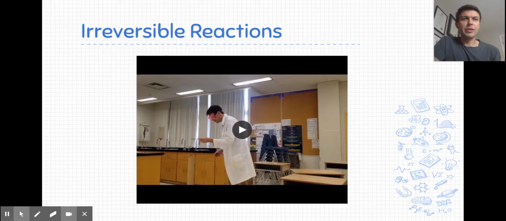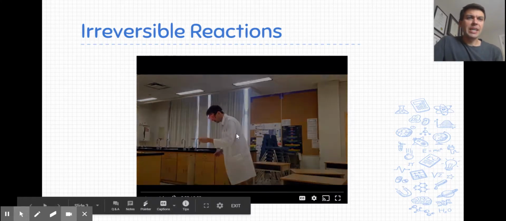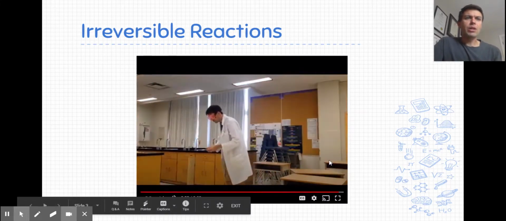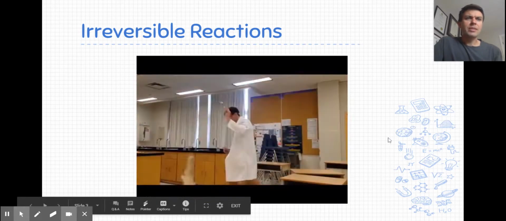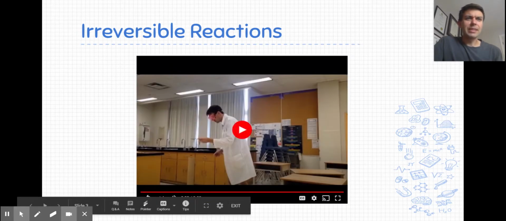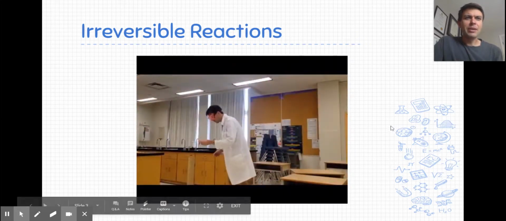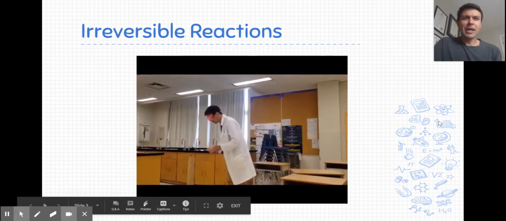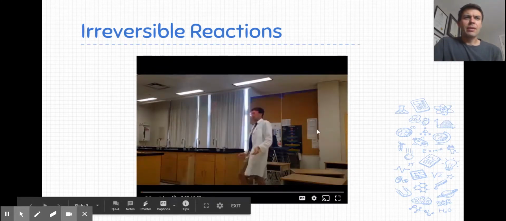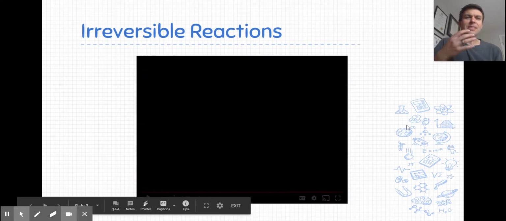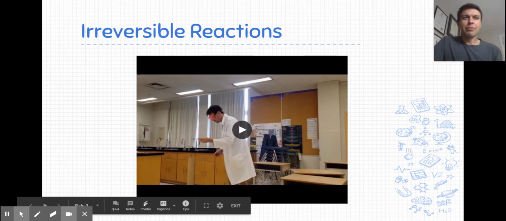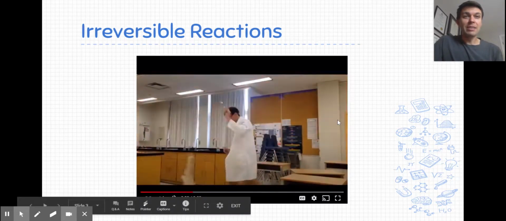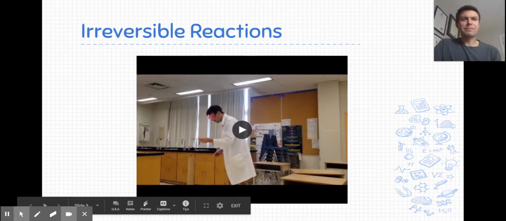Let's look at this video here. For some reason, I can't get it on a loop. When you watch this video, something just doesn't seem right. And yes, I'm playing it backwards, but it's not because I'm playing it backwards. It's that when you look at a combustion reaction like this, something doesn't seem natural about the reaction going in reverse, where gases from the air are recombining to form some sort of solid.